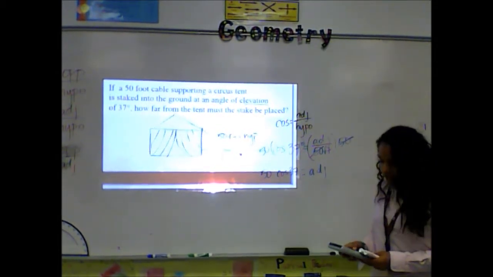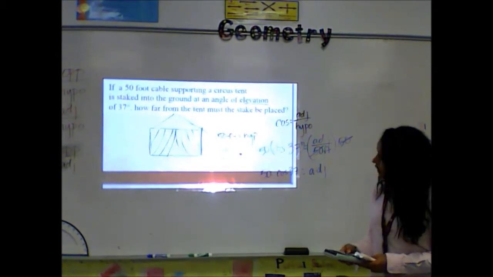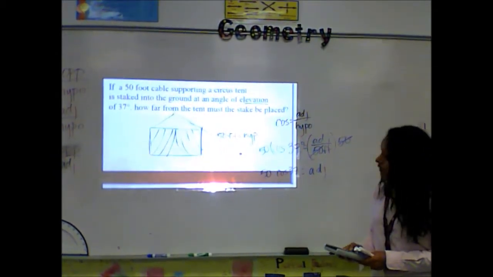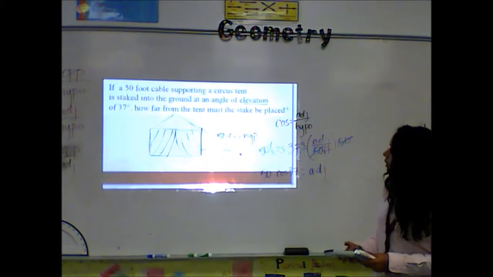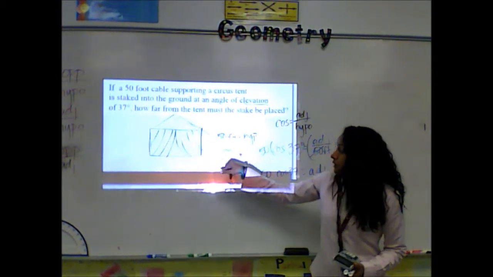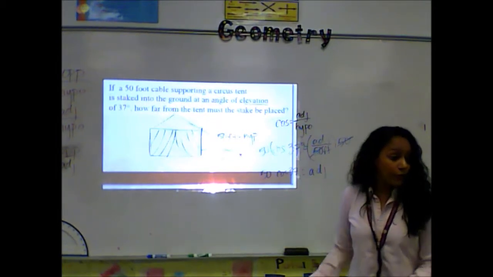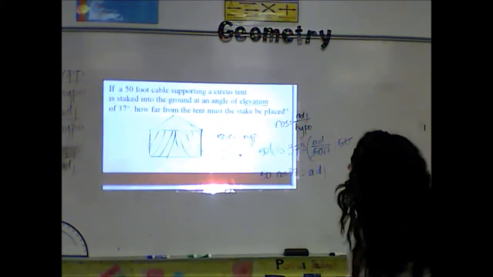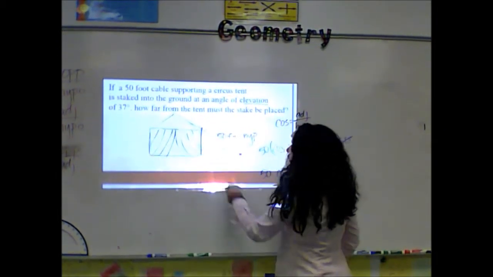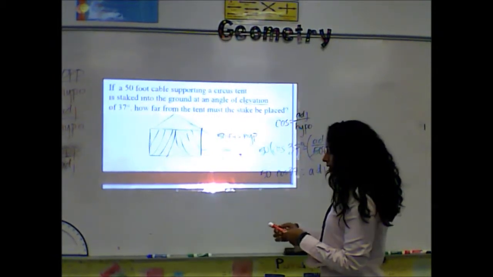So we have cosine 37 times 50. What did y'all get as the adjacent side? 40 feet, right? So this stake must be placed 40 feet away from the tent.